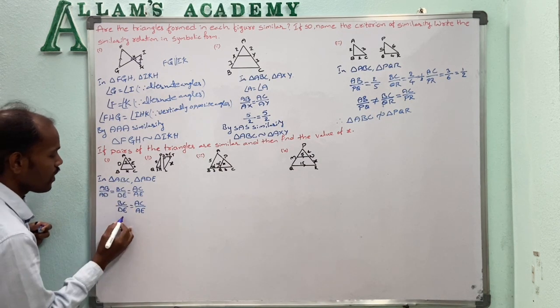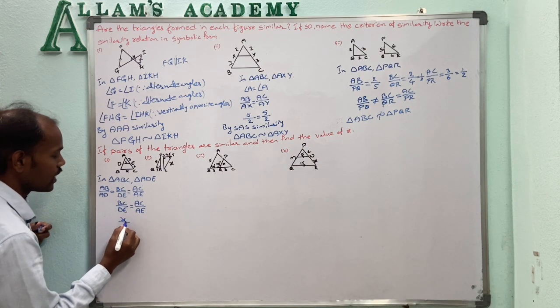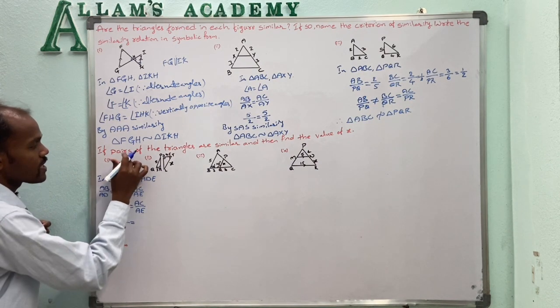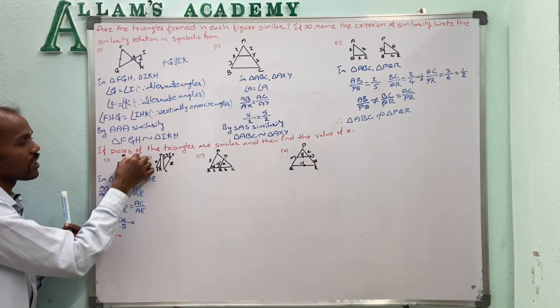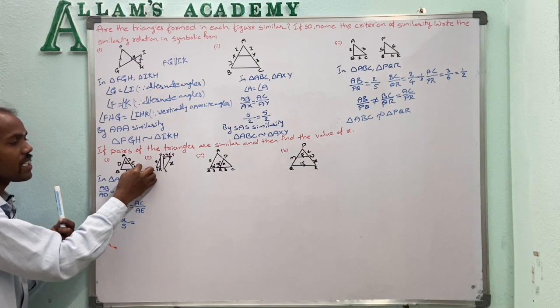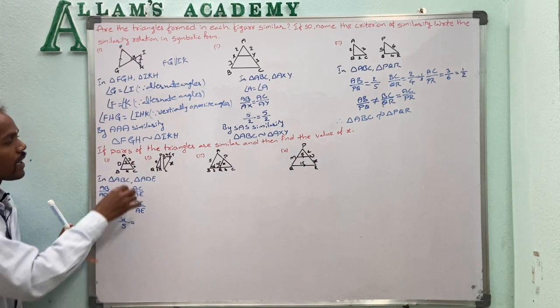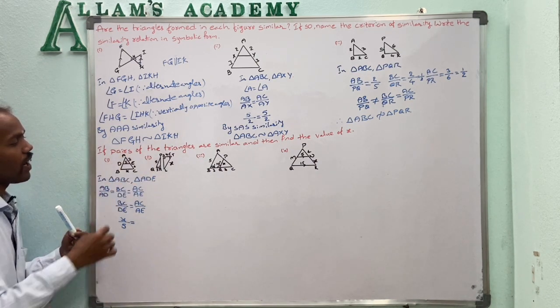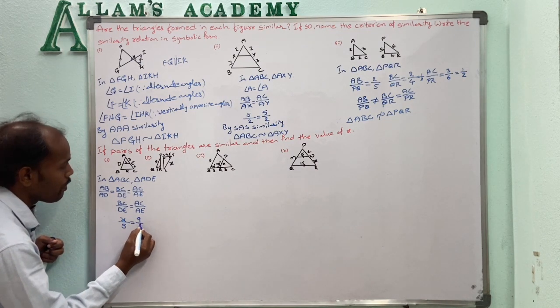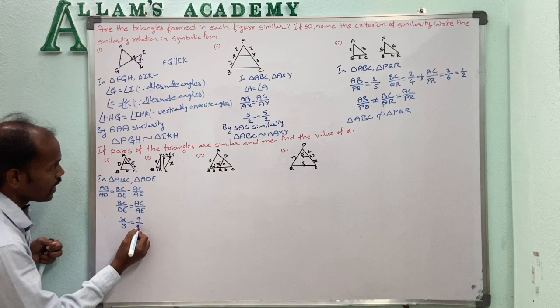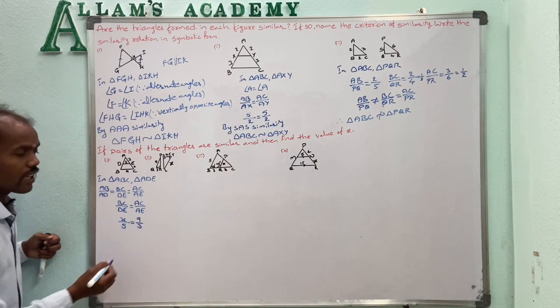Here BC value is x, DE value is 5, and AE value is 3 units and EC value is 6 units. That means total AC value is 9 units, so 9 by AE value, that is 3 units.